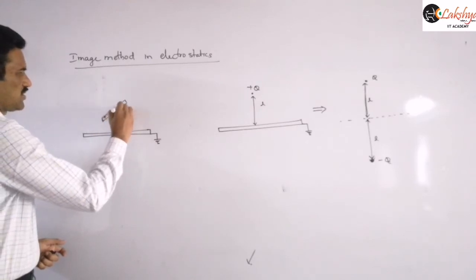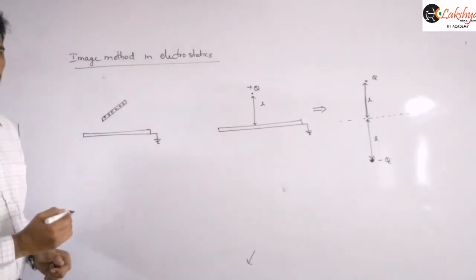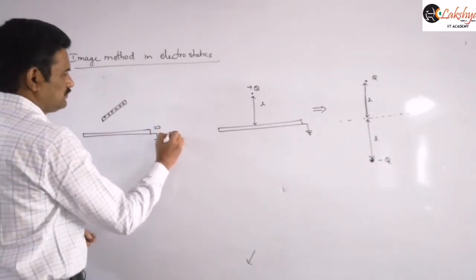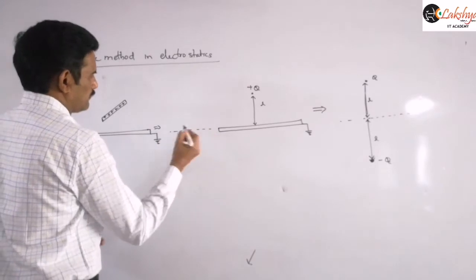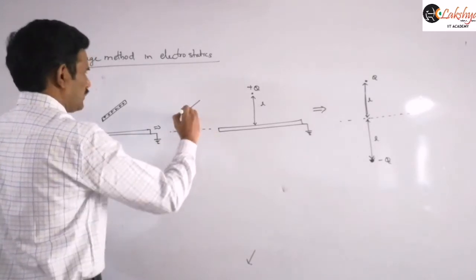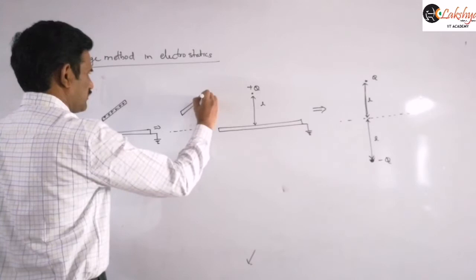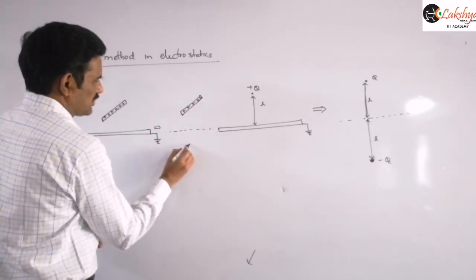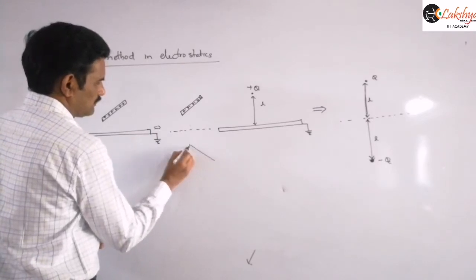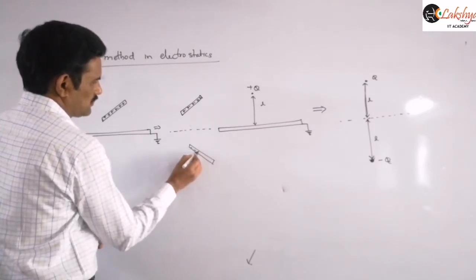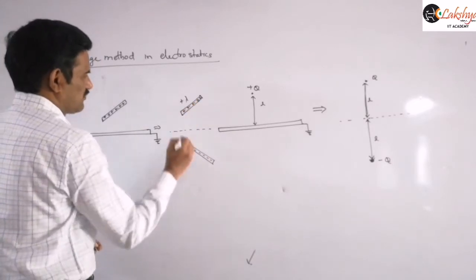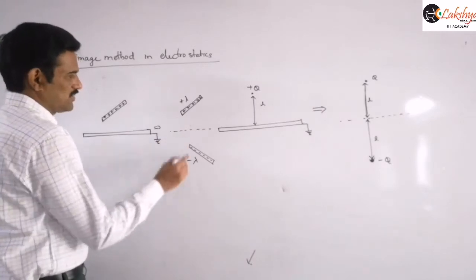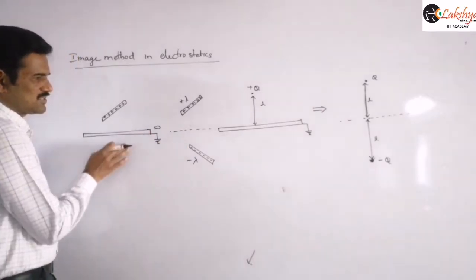A positive charged rod is placed like this. Now when you are converting this into image, so this is a given positive charged rod and its image we need to represent like this. So with the opposite charge density, suppose it is having plus lambda, then this will be having minus lambda, right?